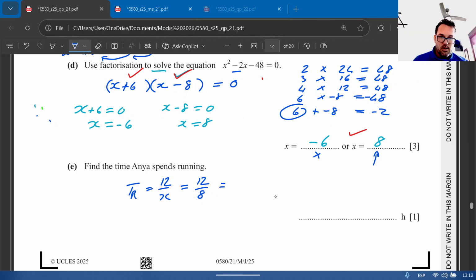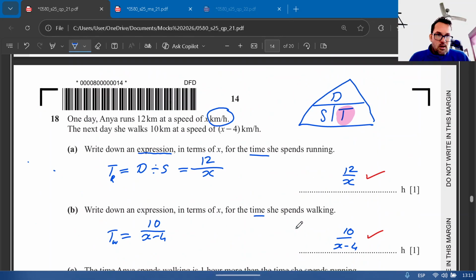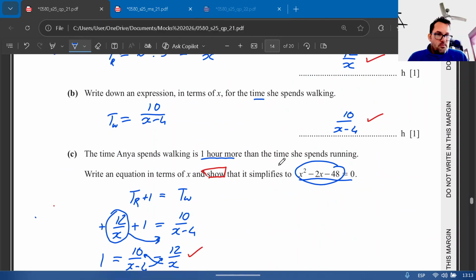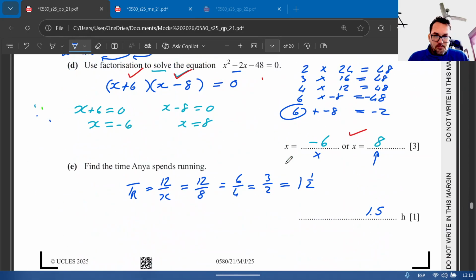What is that? Let's simplify. That would be 6 over 4. So halve it again, 3 over 2. 3 over 2 is 1.5 hours. 1.5 hours running 12 kilometers. Not bad, Anya, not bad.